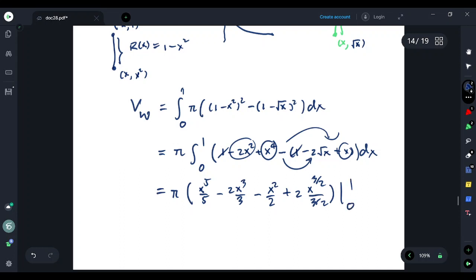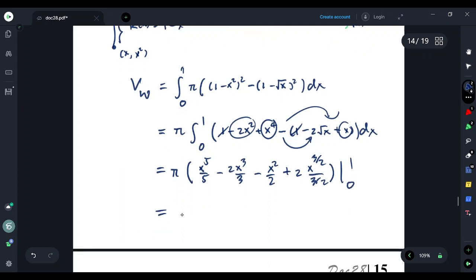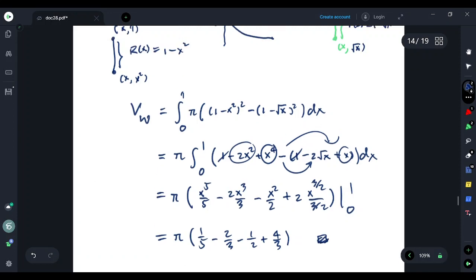Then plugging 0 is 0. So when I plug 1, it's gonna be 1 over 5 minus 2 over 3 minus 1/2 plus 4 over 3. When you plug 0, everything is gonna be 0. So the obtained number is the volume of the solid.